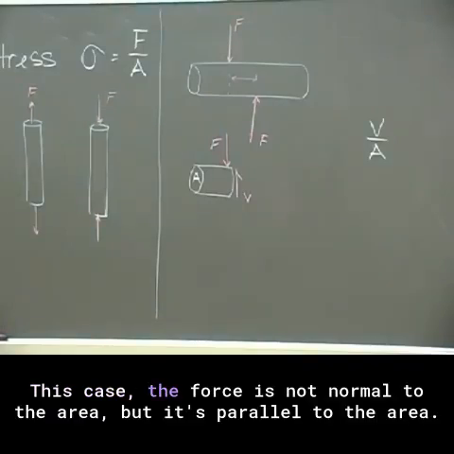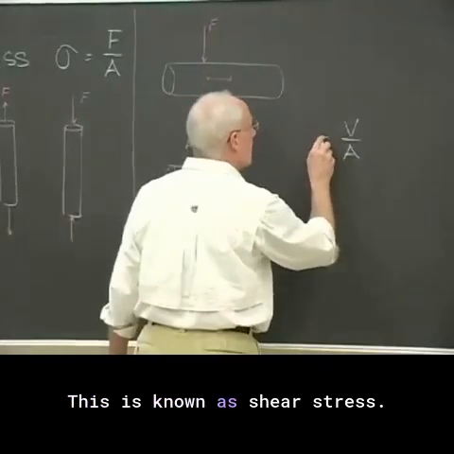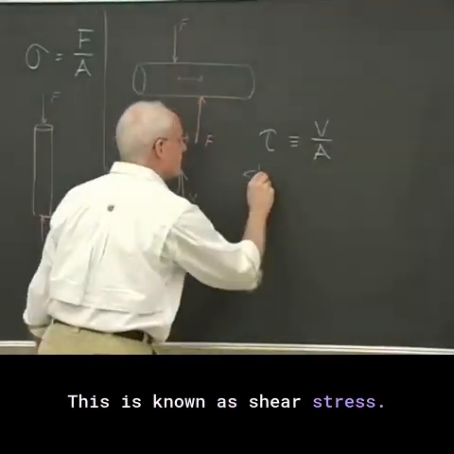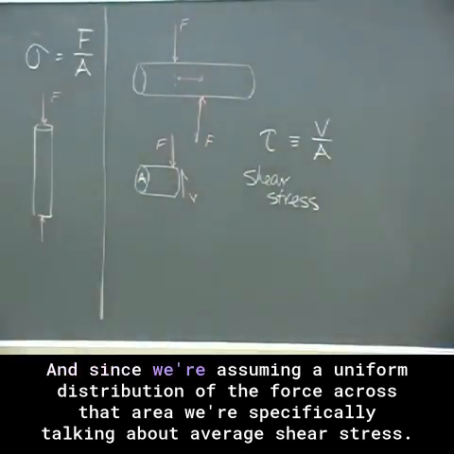In this case, the force is not normal to the area, but it's parallel to the area. This is known as shear stress. And since we're assuming a uniform distribution of the force across that area, we're specifically talking about average shear stress.